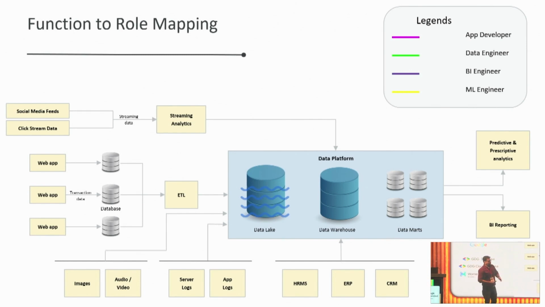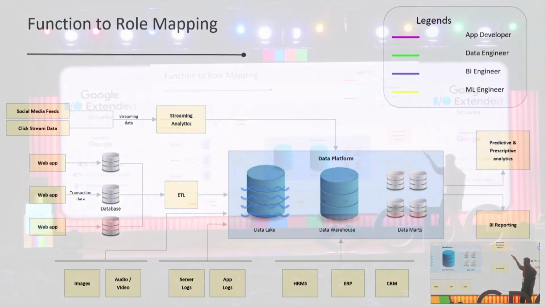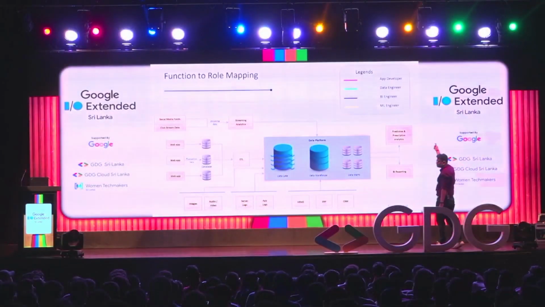So I've tried to list down 4 legends on the top right corner: data engineer, BI engineer, application developer, and ML engineer. These are the 4 roles who will be developing this entire platform. But which particular function falls under which category, or whose responsibility is it? Let's look at that.